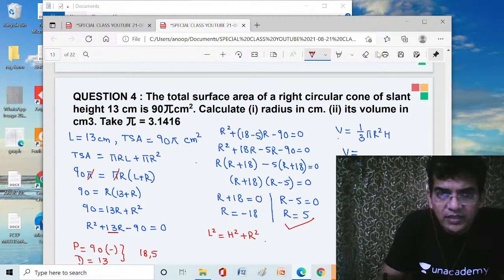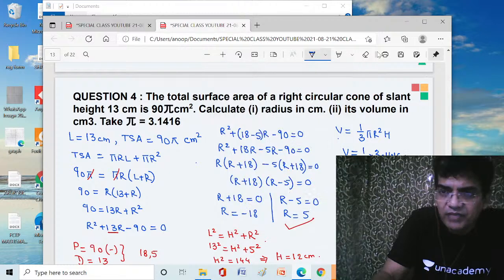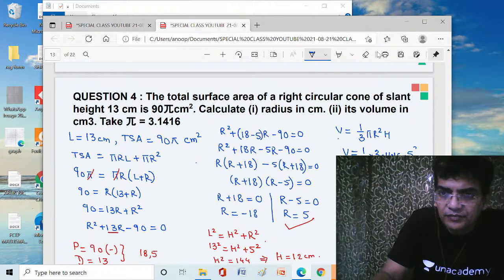Now let's apply the formula for volume. So 1 upon 3 into pi. As the question says, pi is to be used as 3.1416, into radius 5 square, into height, that is 12.